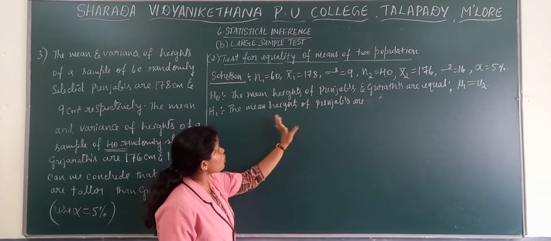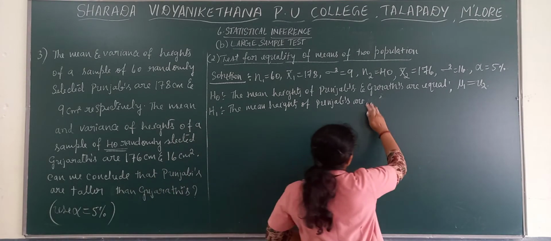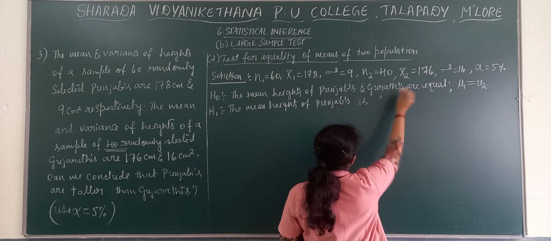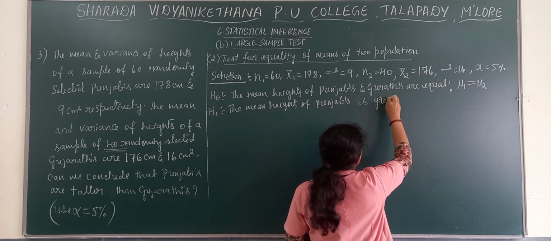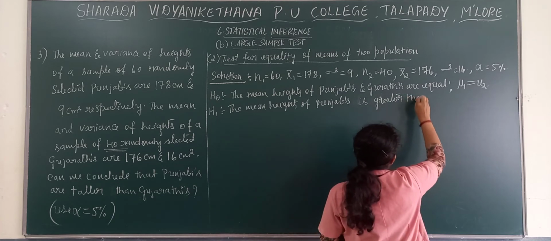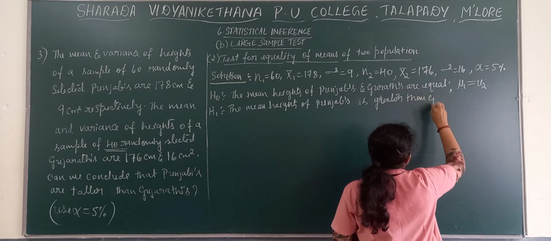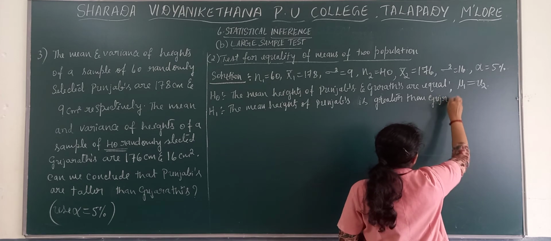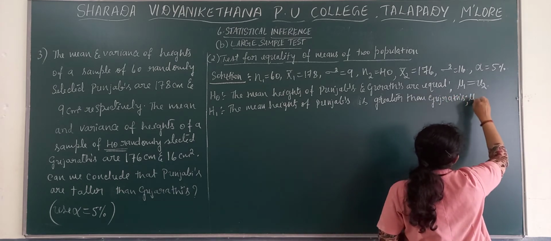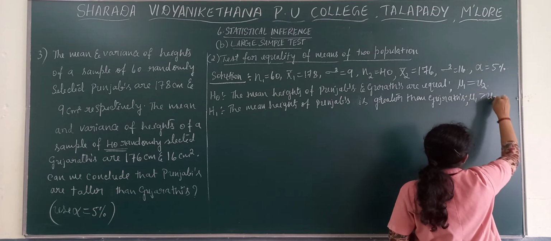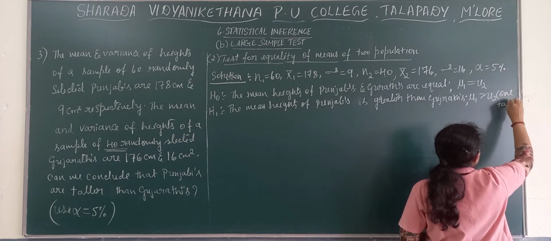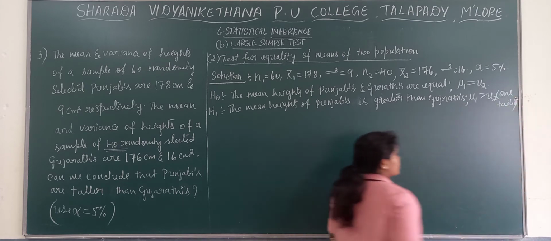Also we can take the mean heights of Punjabis is greater than Gujaratis. So here mu1 is greater than mu2, so it is a one-tailed test.